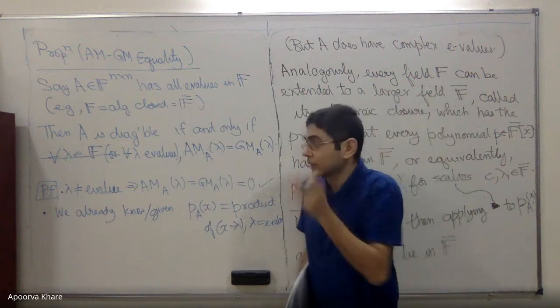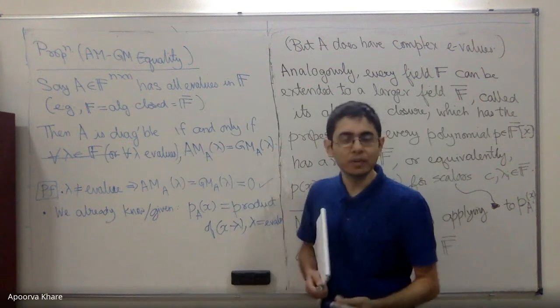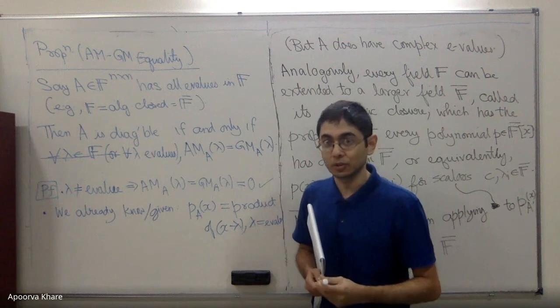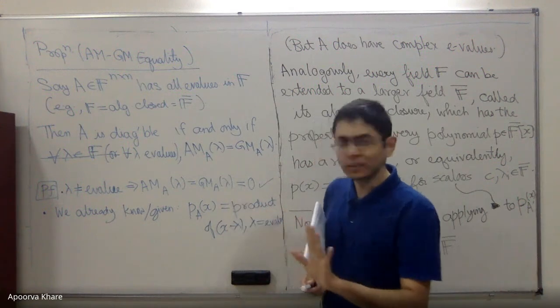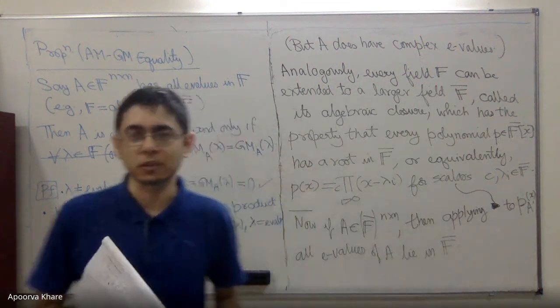Now, of course, there can be repetitions, right? The whole point of AM and GM is that repeating eigenvalues can occur. So let us write down the distinct eigenvalues and how many times each of them occurs.